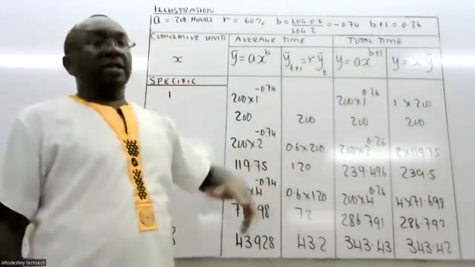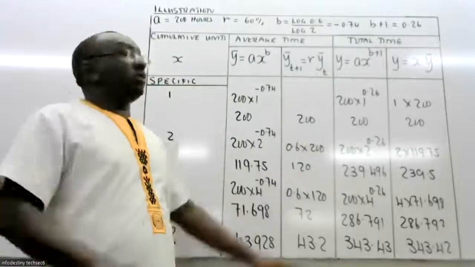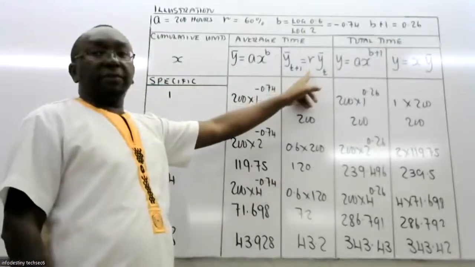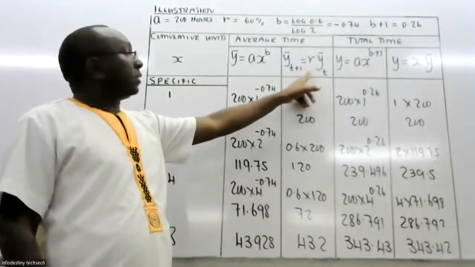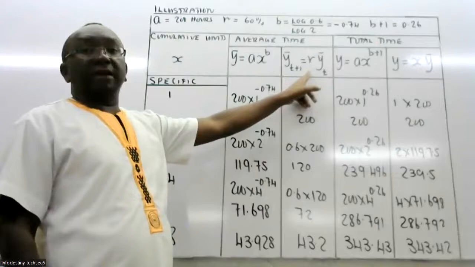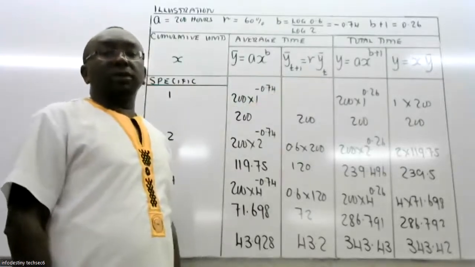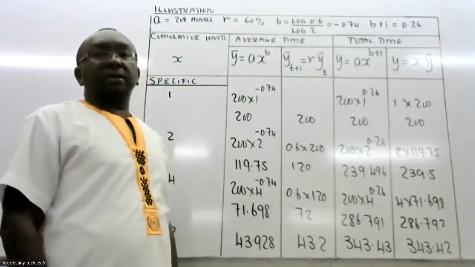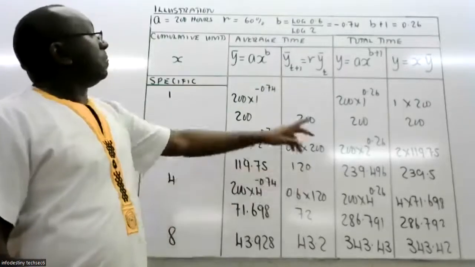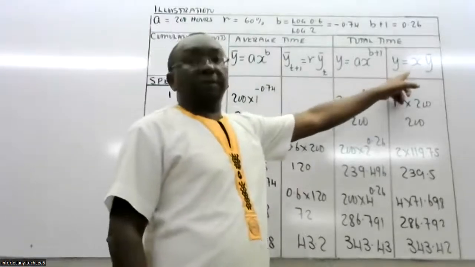But this table now is introducing two other formulas, although even this one I think I wrote yesterday. We wrote this one. On our graph, when you say y bar 2 is equal to r y bar 1. So we have also introduced this one.